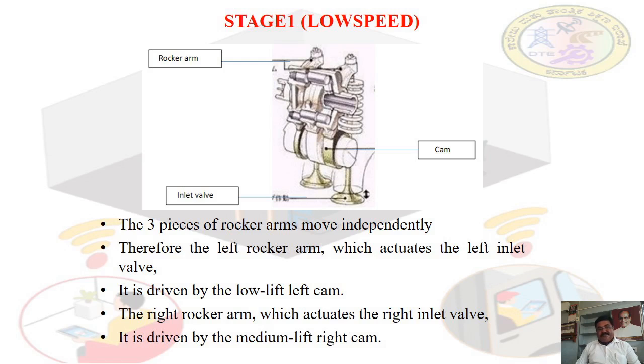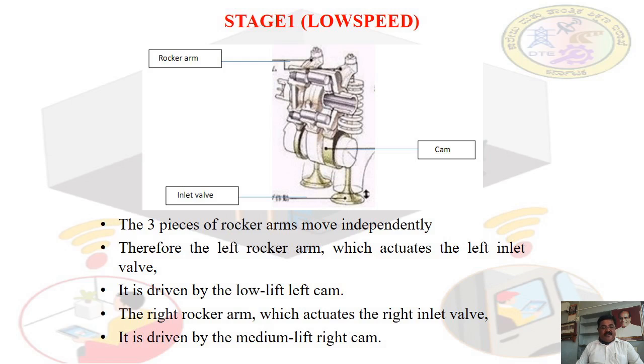The PowerPoint shows stage 1 at low speed. In the low speed, the figure shows the rocker arm, the inlet valve and cam to operate the VTEC system. The 3 pieces of rocker arm move independently.